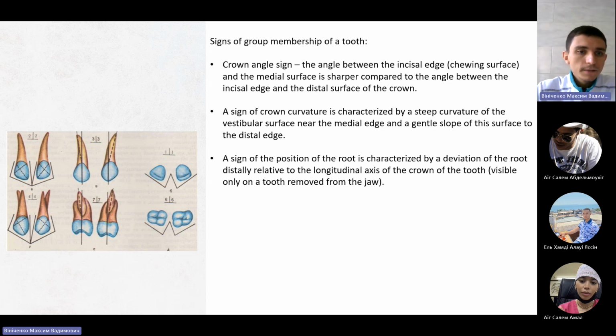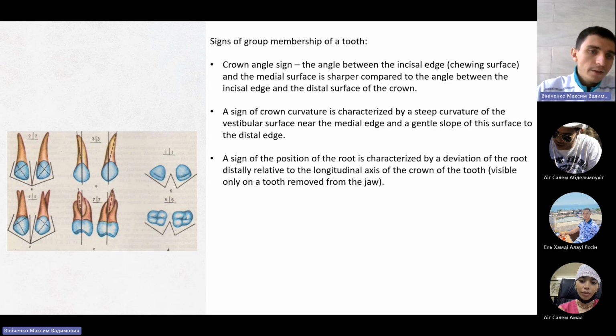A sign of crown curvature, we could see here. And the crown angle sign. It is very important to know the crown angle sign when you make a composite restoration, for example, of a central tooth.